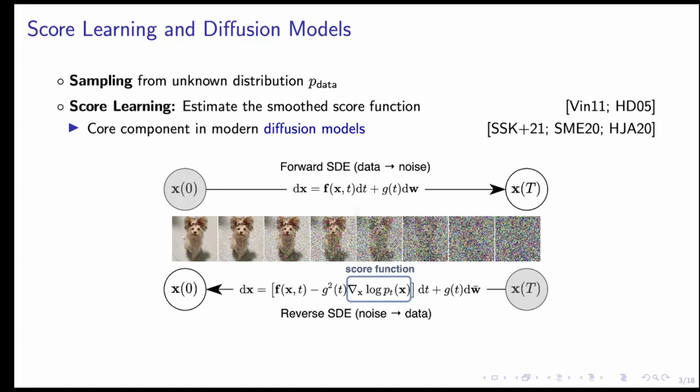Actually, the diffusion model makes more sense under the manifold hypothesis. If we consider the support of P data to be on a low-dimensional manifold, then directly learning a score function is very hard, because we are looking at it from the Euclidean ambient space, and the gradient becomes very singular.